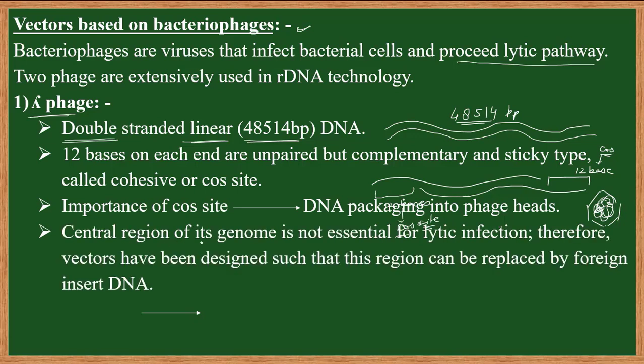The central region of its genome is not essential. Suppose here is the sticky end, 12 bases, and here 12 bases, and these are cos sites. The central part is not useful for lytic infection, so we can remove this part and insert the gene of interest. Again I will explain the same thing.